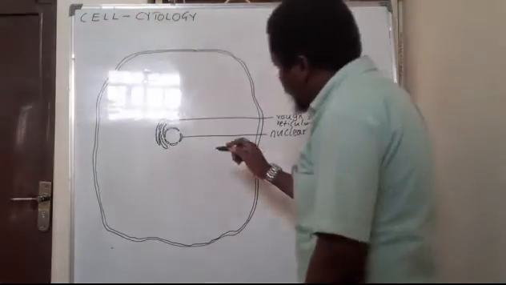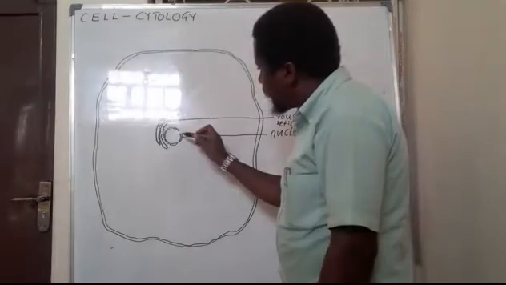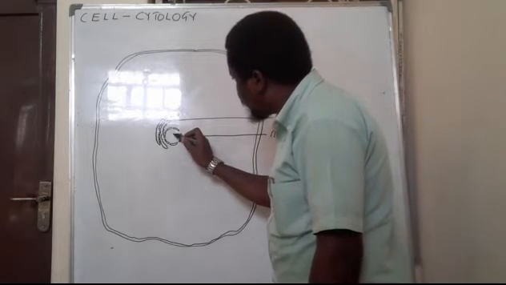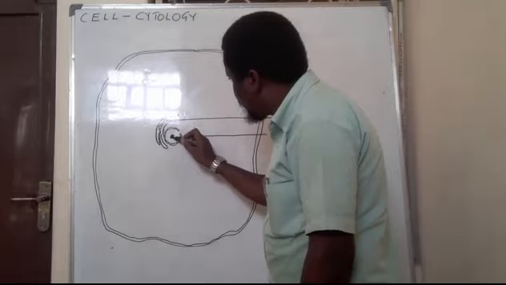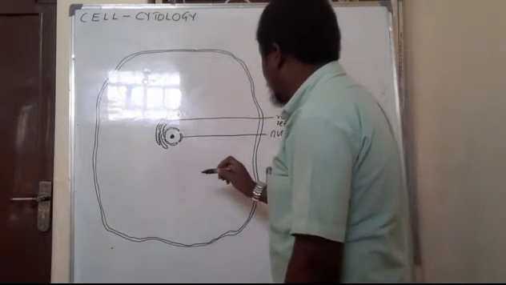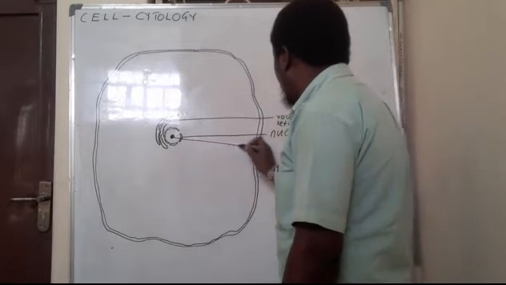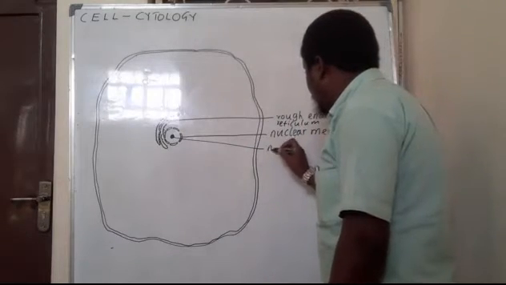Then at the center of the nucleus, there is usually a dark staining area, which is called the nucleolus.